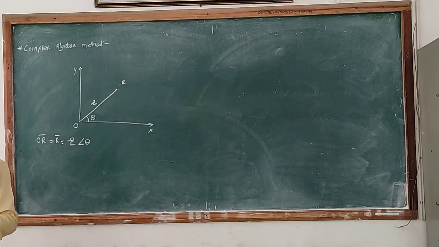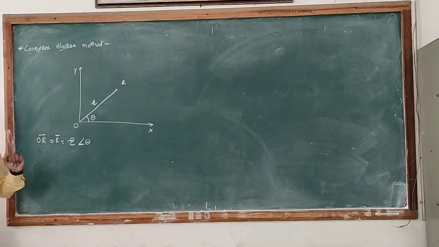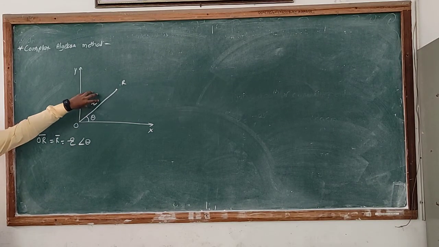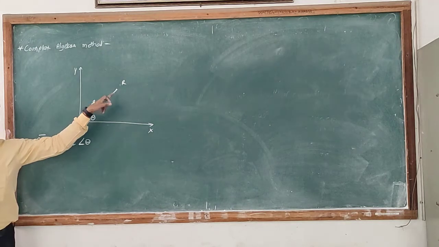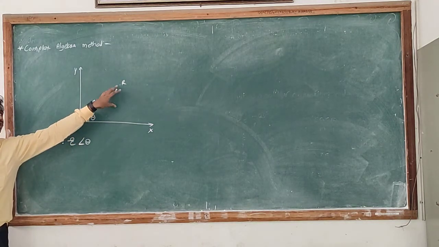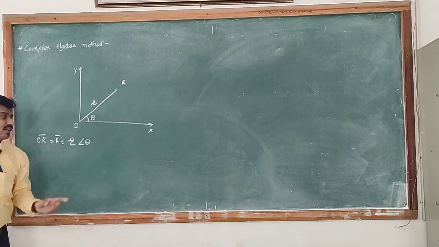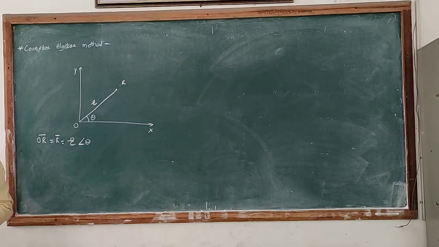What does R represent? R represents the length, or magnitude, of OR, and theta is the direction.